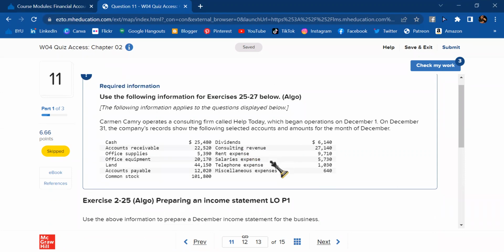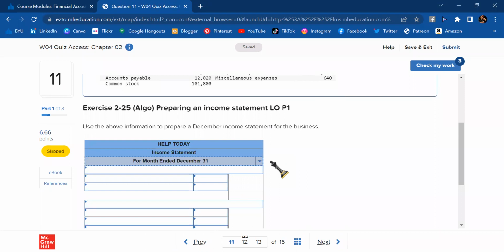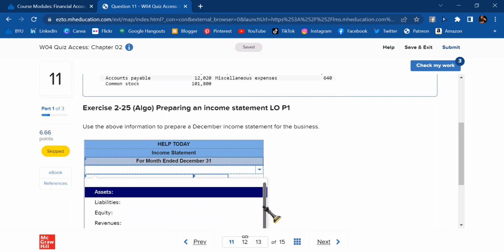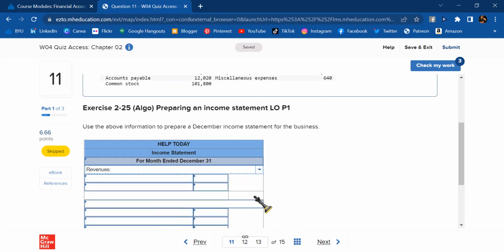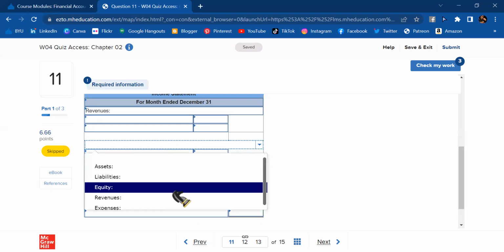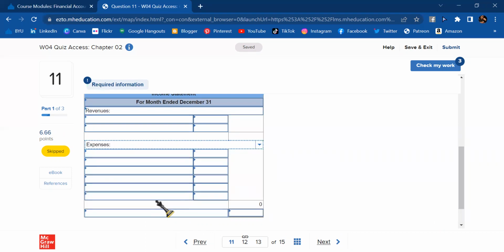Then we want our top line, which is our revenues. On the income statement, the only two categories we're going to do are revenues and expenses. So we can make that our expenses line.